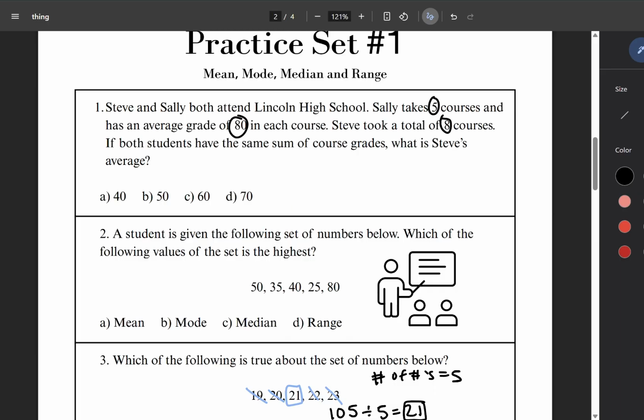So, first we're told that Sally takes 5 courses and she has an average of 80 in each course.